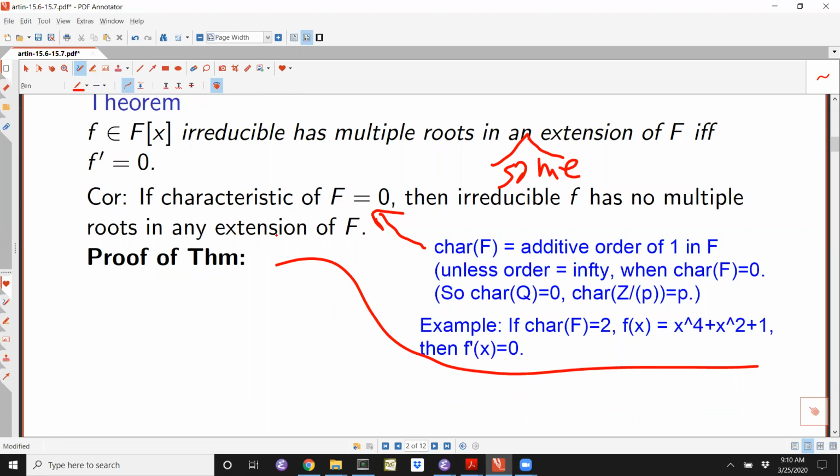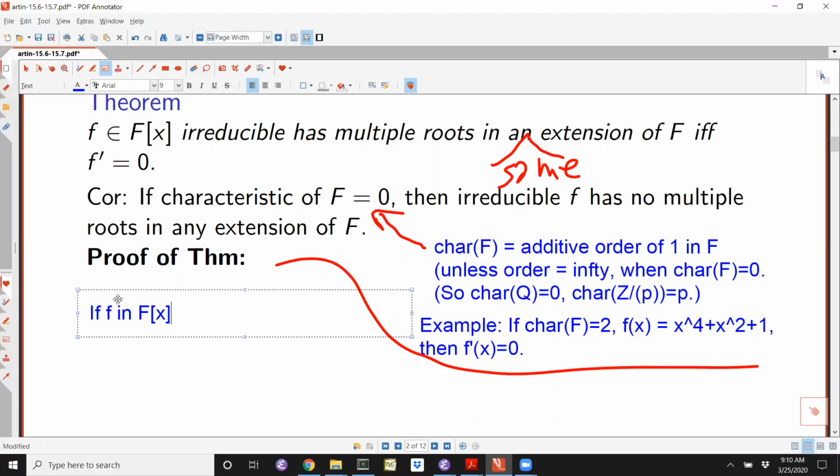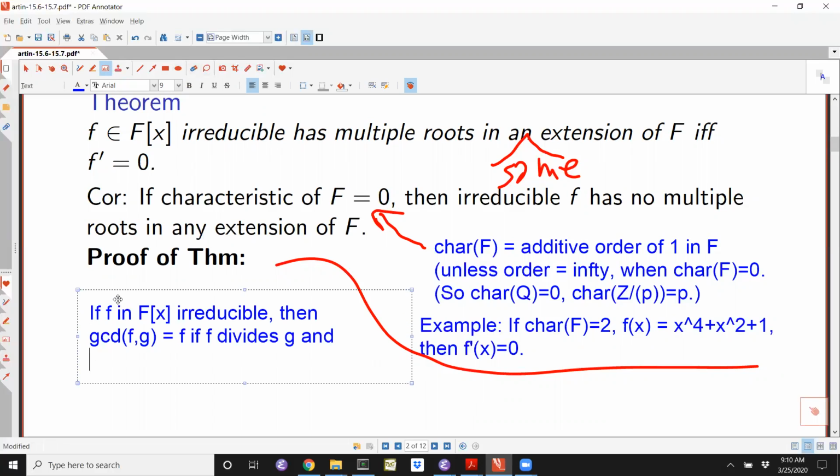So, proof of the theorem. And it's a really pretty short proof. If f in F[x] is irreducible, then the GCD of f and any other polynomial equals f if f divides g, and 1 otherwise.